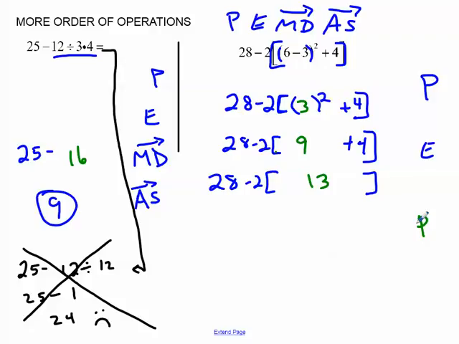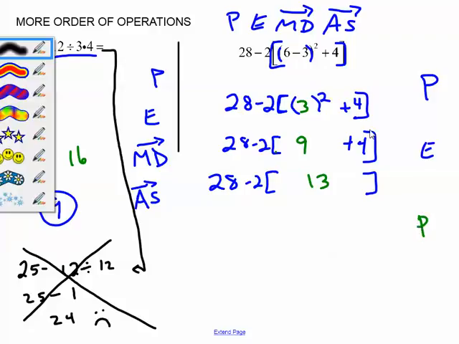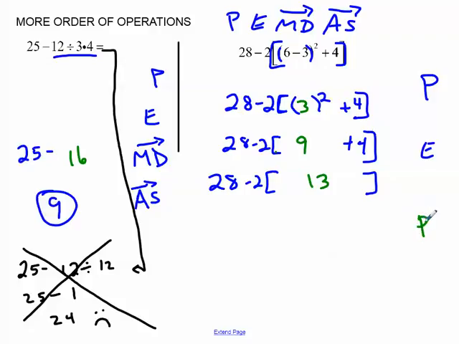I'm going to change that to blue just to be consistent. Make that a blue P. Any parentheses? Well, not really. We've evaluated that parentheses. Any exponents? No. Multiplication and division, left to right? Absolutely. We've got 28 minus, didn't change, but now we do change the evaluation of the 2 times 13 to give me 26.